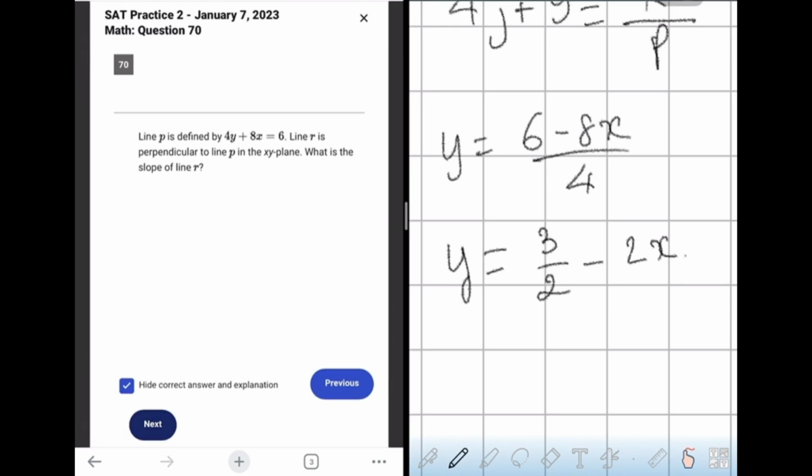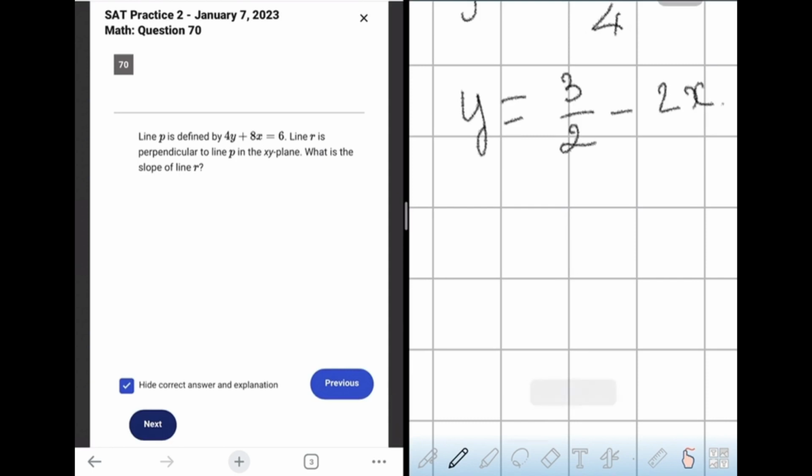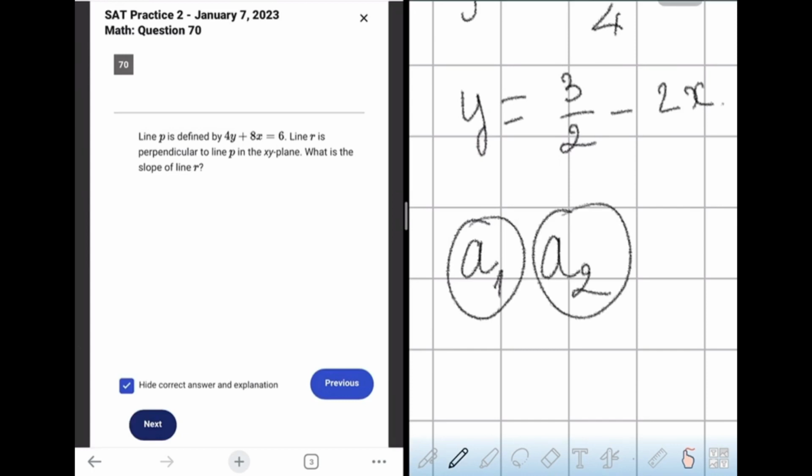But remember the concept that two lines are perpendicular when their slopes multiplied equal -1. Here is the slope of the first line, and here is the slope of the second line, and two lines are perpendicular so they must multiply to -1.